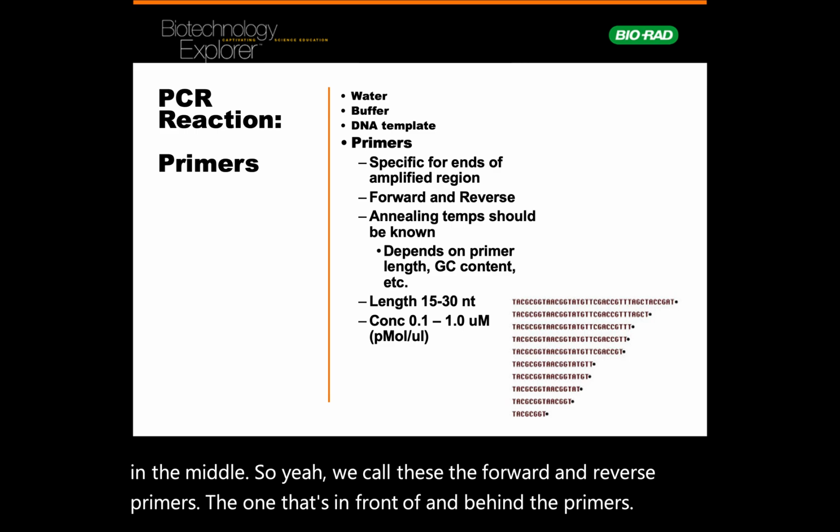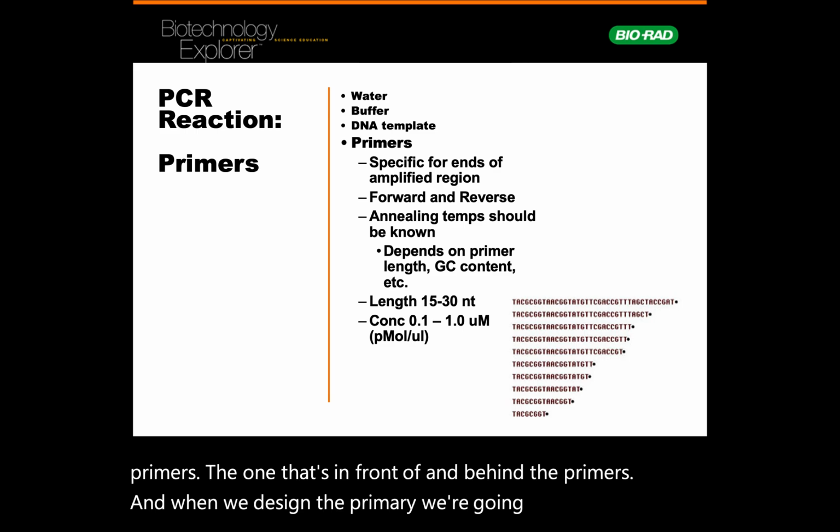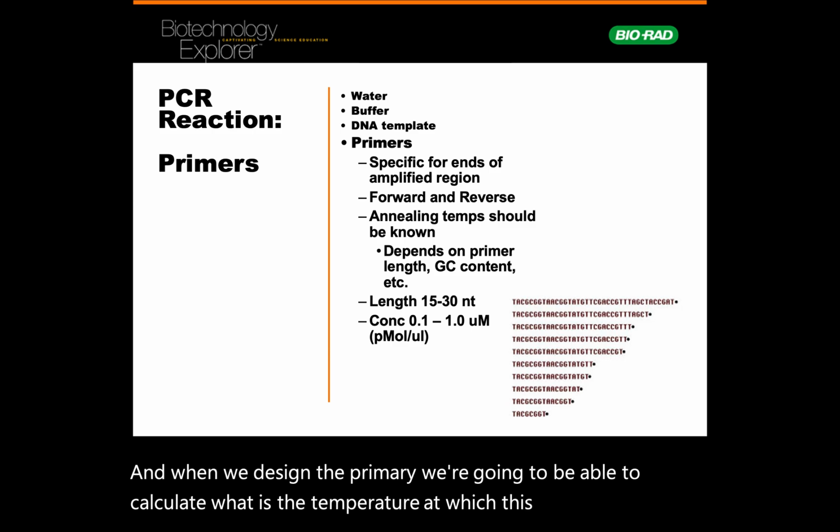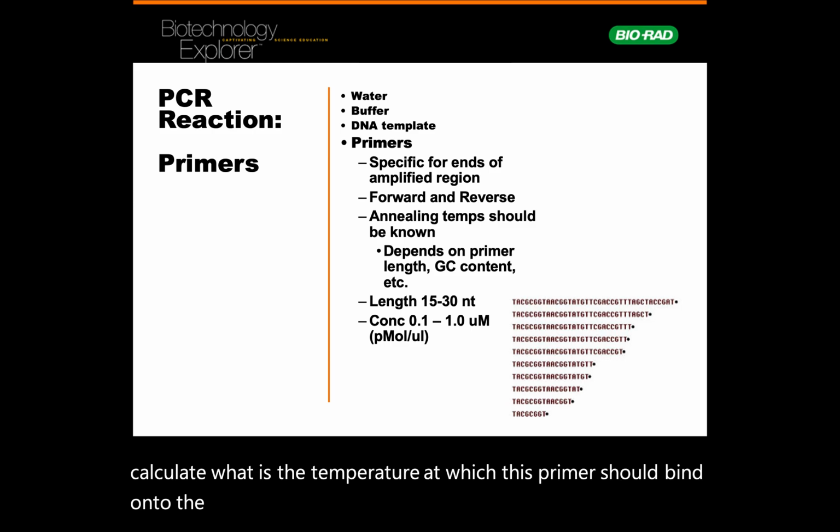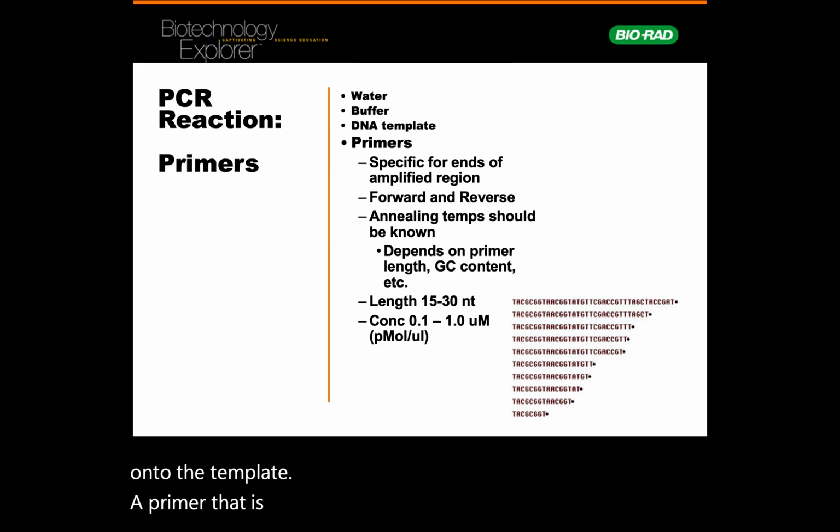And when we design the primer, we're going to be able to calculate the temperature at which this primer should bind onto the template. A primer that is short will need colder temperatures for it to bind.